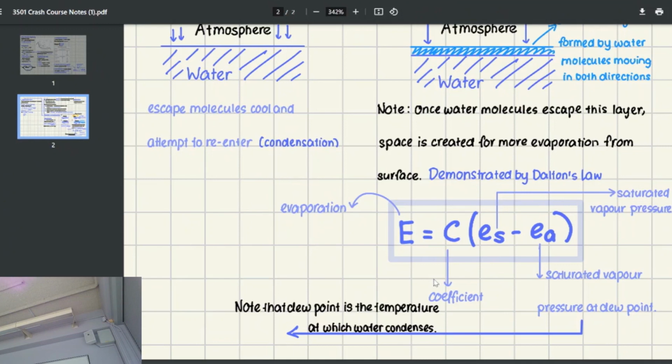ES just represents the general saturated vapor pressure. And then the saturated vapor pressure at dew point is the saturated vapor pressure at which the temperature is at the dew point, the temperature at which water condenses. So the difference will give you your amount of evaporation from the water surface to the atmosphere.